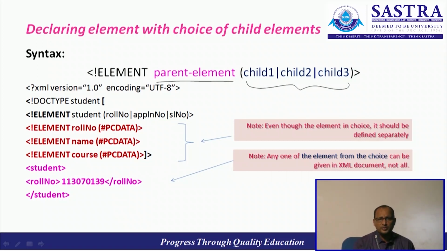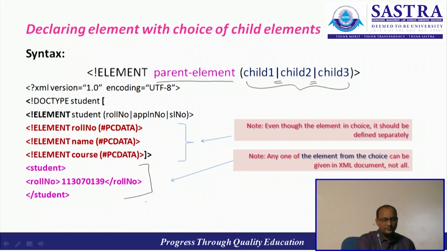Any one will be a child. I have listed child 1, child 2, child 3 with the vertical bar as separator. The vertical bar symbol is used for specifying the choice of child elements. Out of 3 children, only 1 child element will be a child in an actual XML document.